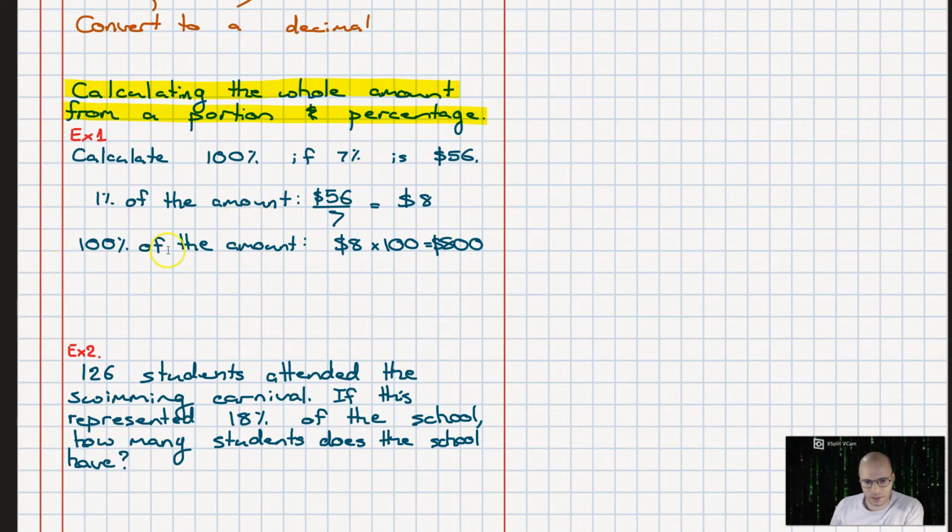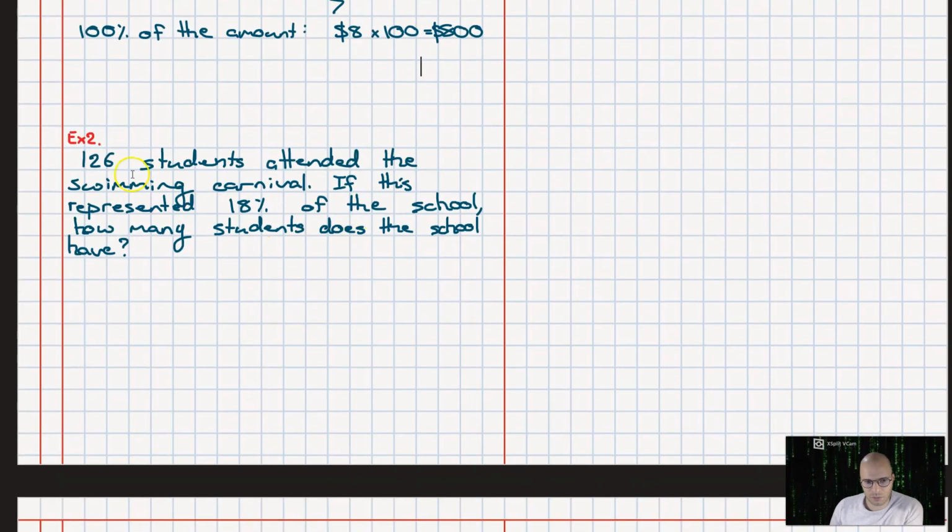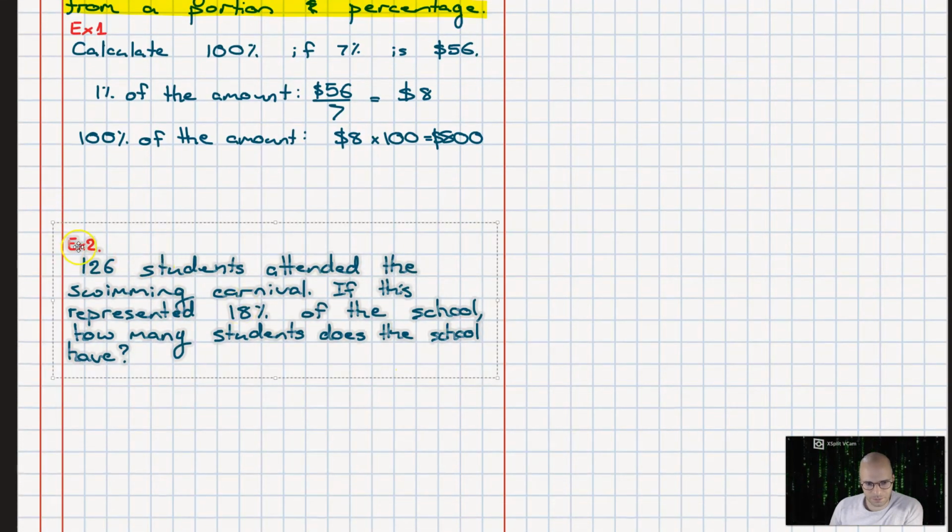Then to get the 100%, you simply multiply the 1% by 100. So in our case, if 7% of the whole amount is $56, then the whole amount must be $800. Alright, moving on to example 2.